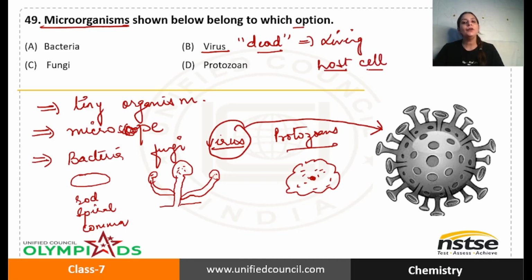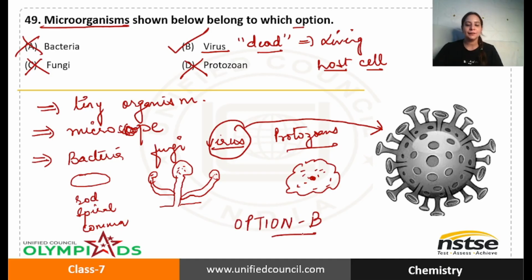When they enter another cell, they utilize its machinery and become living. So here option B is the correct answer. It's not bacteria, not fungi, not protozoan, because I've shown you how they look. Option B is the correct answer.